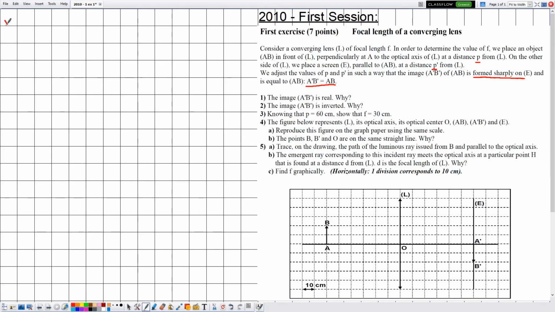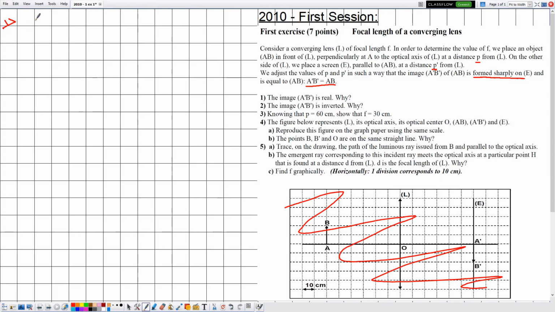So number one, they are telling me that the image A prime B prime is real. Why? Notice that till this moment they didn't mention anything about this document, so I'm not allowed to use it. Then all of my answers must be restricted to the given text or to the previous part. So we need to justify why the image is real. Here they are telling me that it's formed sharply on E, and we know that only a real image can be collected on the screen.